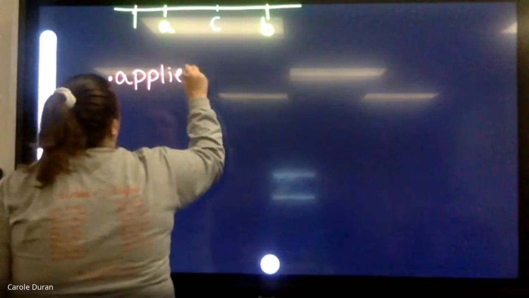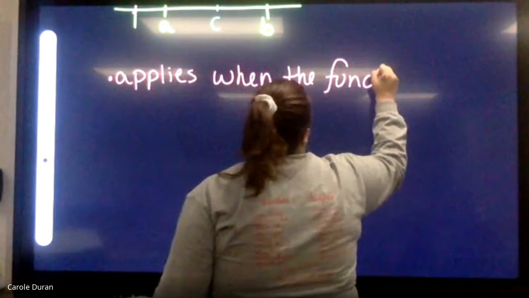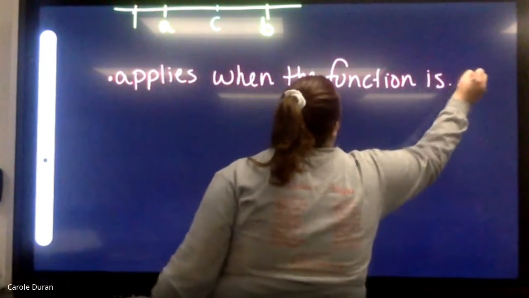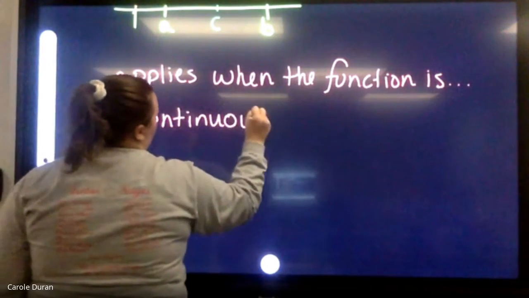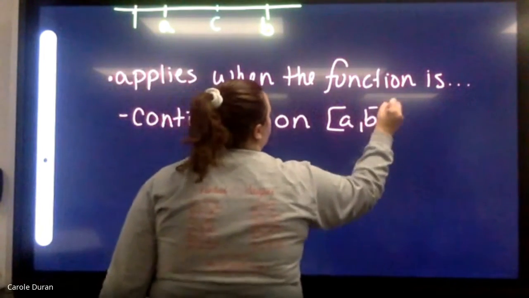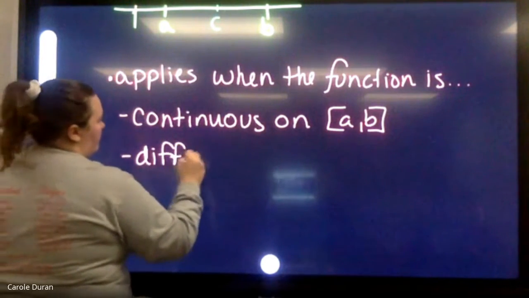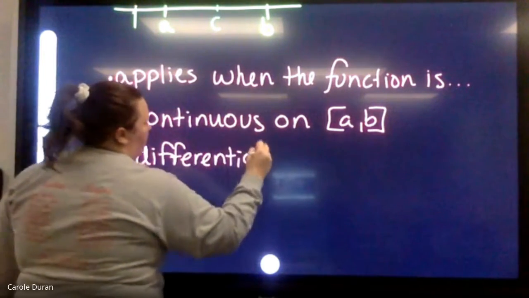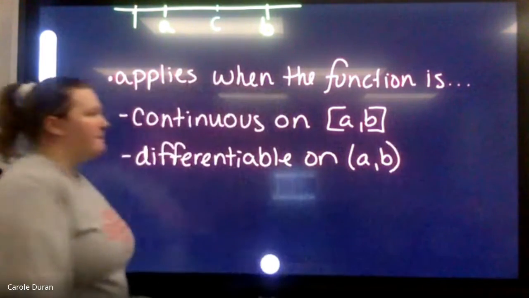So it only applies when the function is continuous on the closed interval A to B, and able to take the derivative on the open interval A to B. So what's the difference between the parentheses like this?